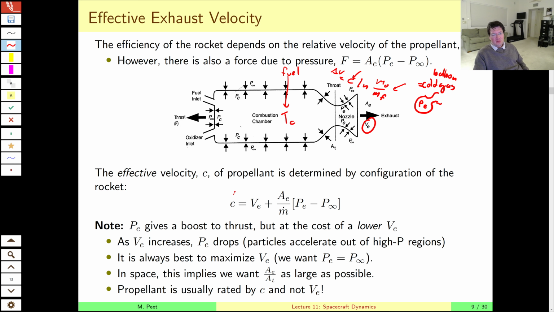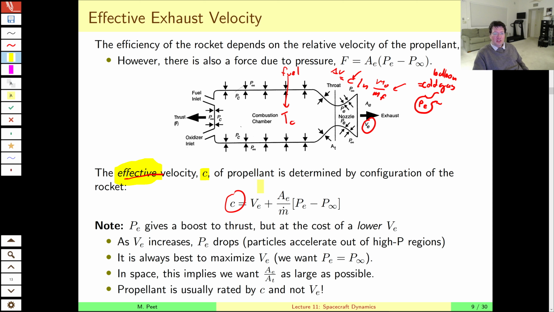Now, the bump we get in delta C, the effective exhaust velocity, highlight that term, the effective velocity C. Now, rockets are not generally rated by effective velocity. They're really rated by ideally expanded nozzles. But for now, we'll talk about effective velocity C.